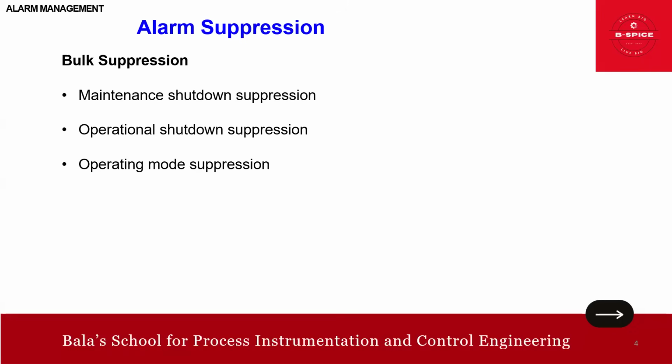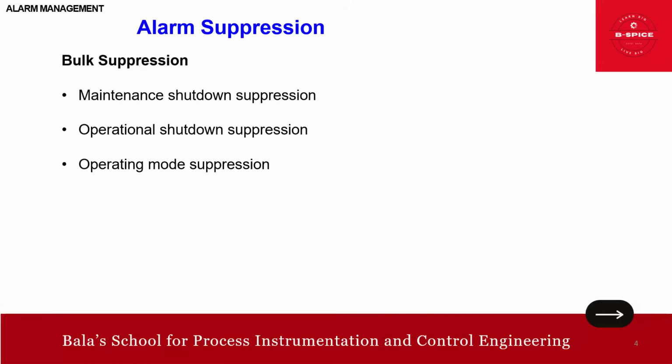Then the third is operating mode suppression. In operating mode suppression, certain alarms are only relevant in particular process operating modes, for example shutting down, starting up, steady operation, or specific batch stages. Suppression can be particularly useful when a process is in a transition mode, because it can be a time of high workload when irrelevant alarms are a particular distraction.